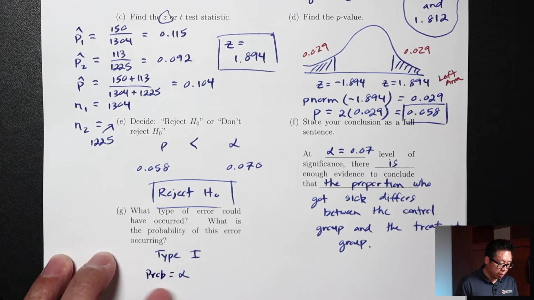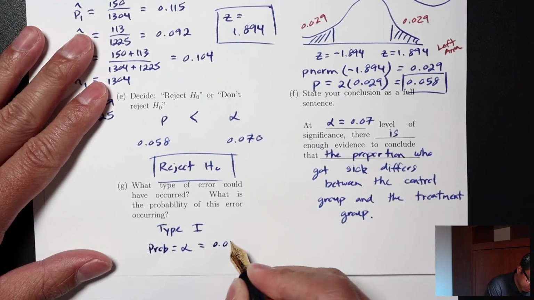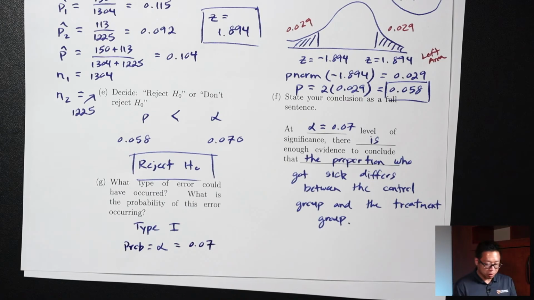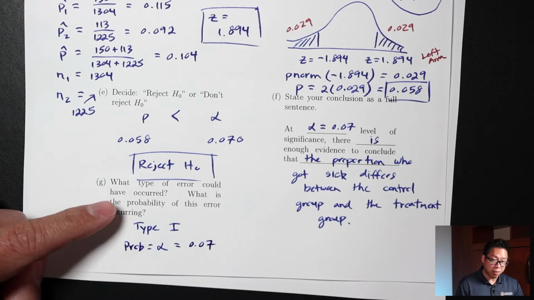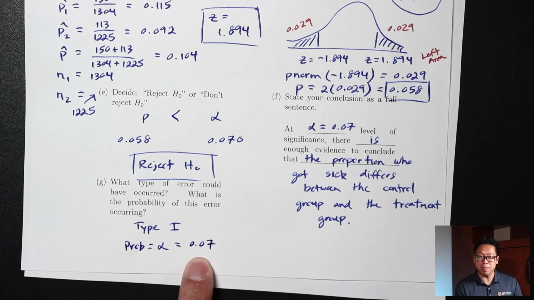So probability of a type 1 error is alpha, and our alpha in this particular example was 0.07. Okay, so the full correct answer to part G is the type of error that could have occurred is type 1. The probability of it occurring is 0.07.